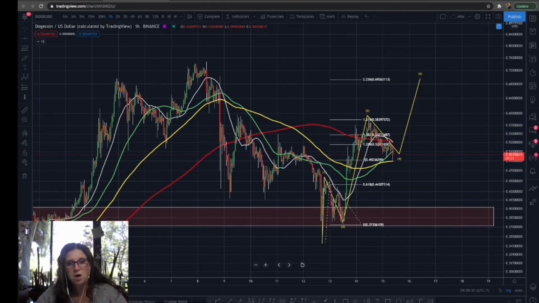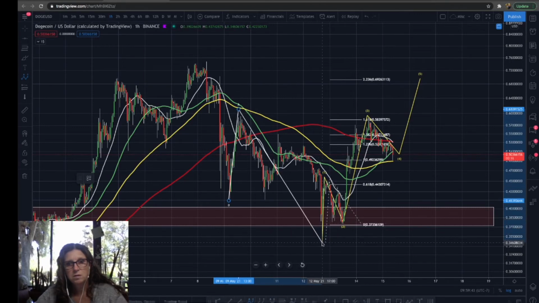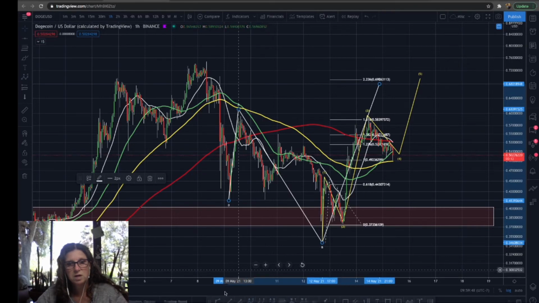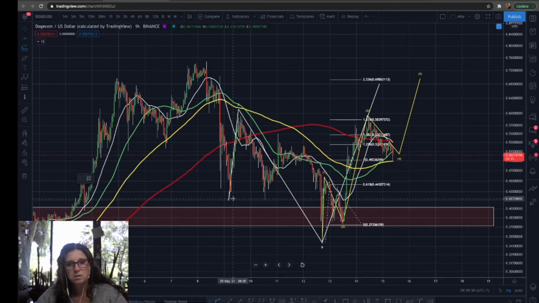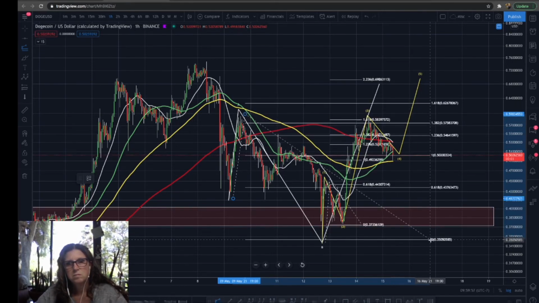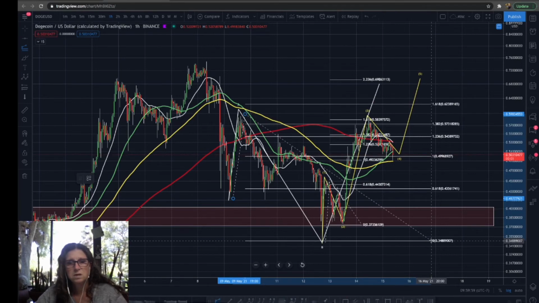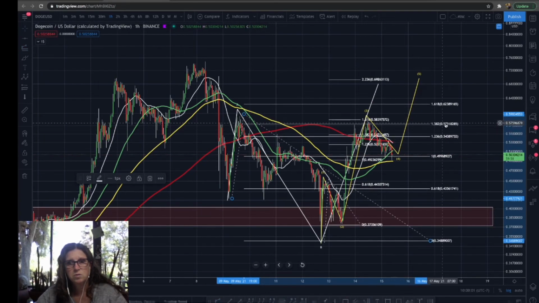We do have the option that this could be an A, a B, and this is all a C. But let's take a measurement on that. Yes, that's totally possible. Because we've come right into the 1.382. So be very careful with Doge here.